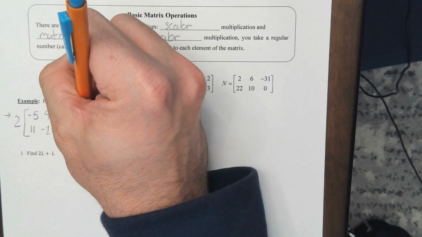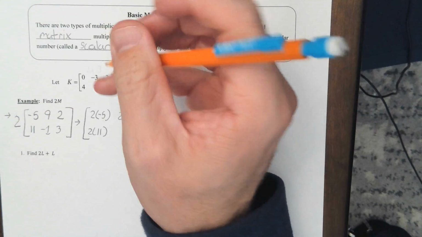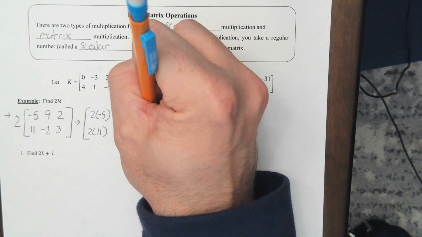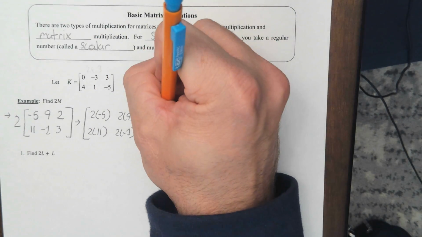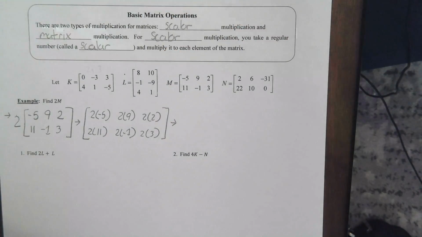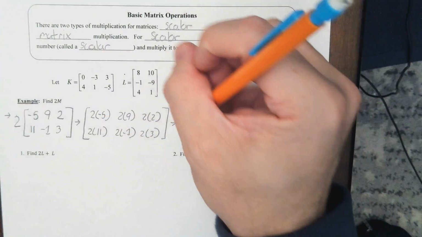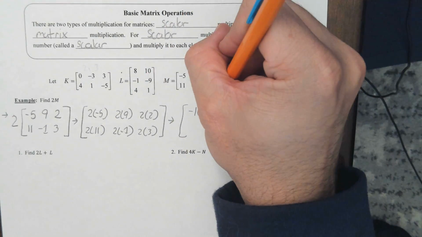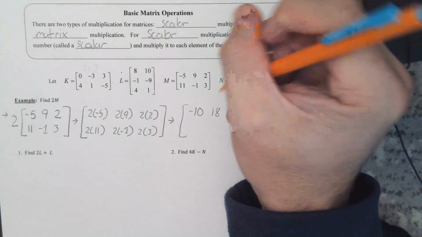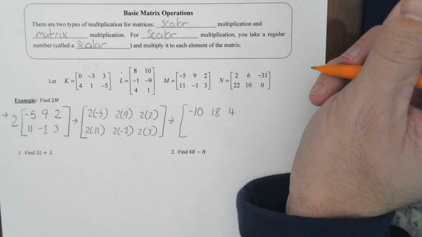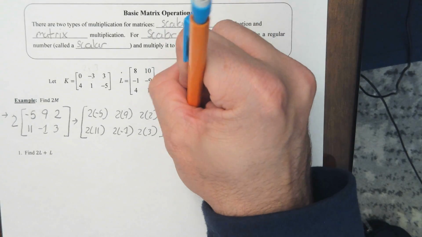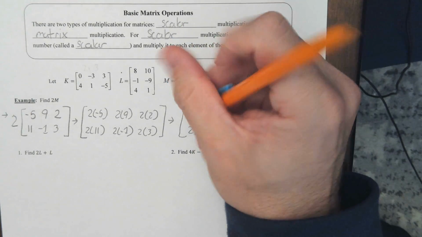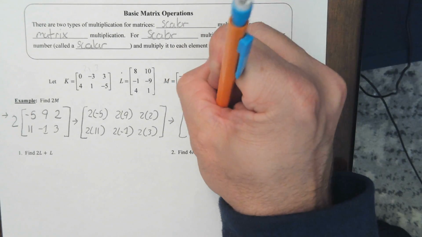And then down the bottom here, it's going to be the same thing. It's going to be 2 times 11, 2 times negative 1, 2 times 3. And now all I do is just simplify that. So 2 times negative 5 gives you a negative 10. 2 times 9, 18. 2 times 2, 4. 2 times 11, 22. 2 times negative 1, I don't know why I'm writing that with the parentheses again, is a negative 2.